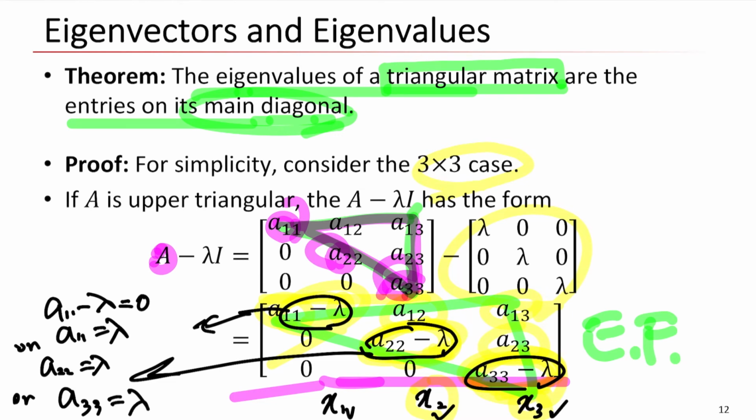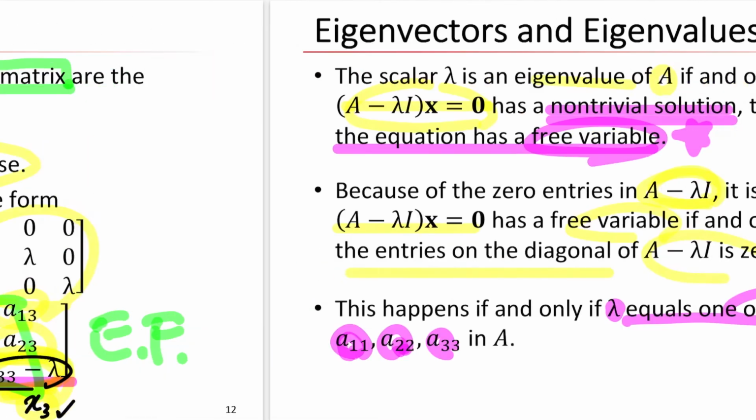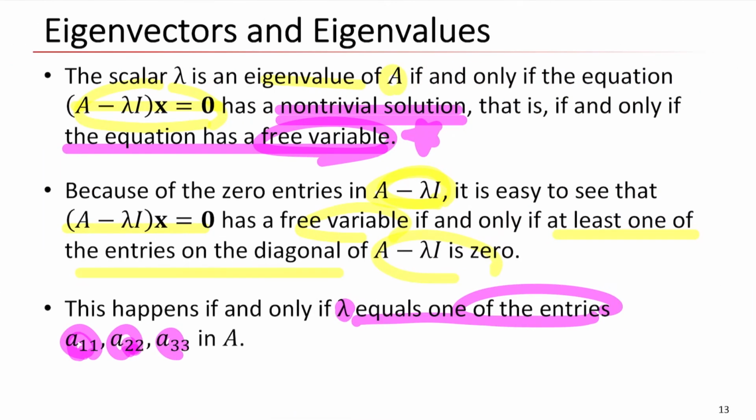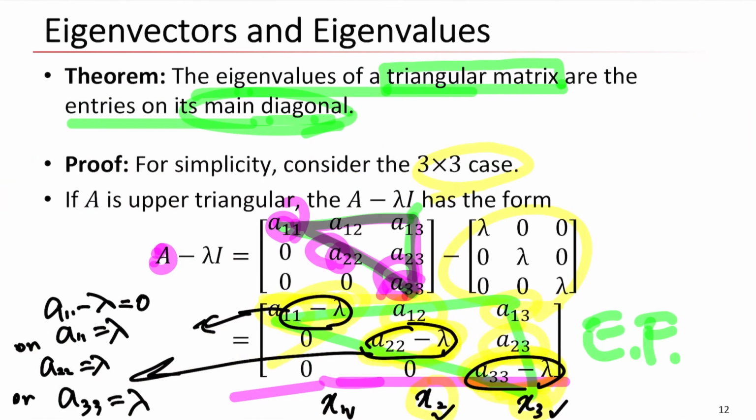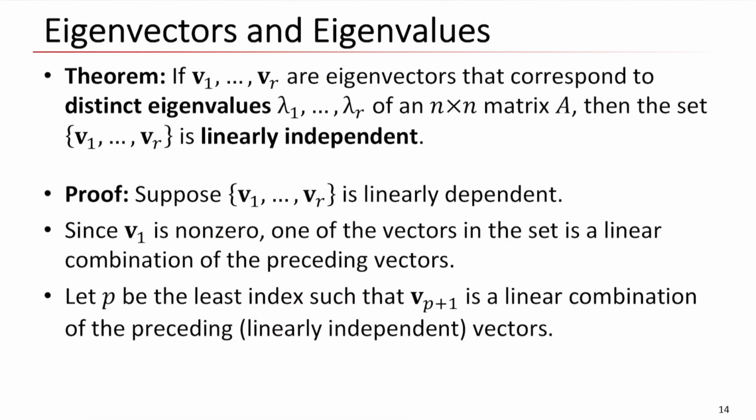So by just seeing the diagonal terms of the original matrix A, we can determine that these values will be the eigenvalues, right? So this is one theorem.